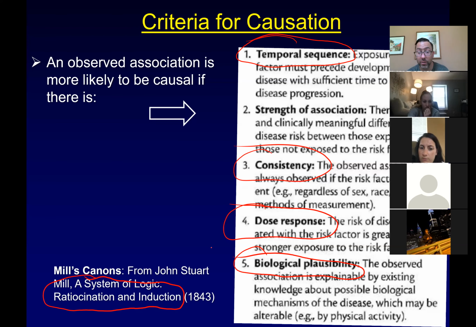A side effect, let's just say as an example, a side effect of taking non-steroidal anti-inflammatory drugs like aspirin or ibuprofen or Aleve, okay, is stomach ulcers. So the question is, is it biologically plausible that taking an NSAID could cause a stomach ulcer? If you saw a bunch of people that had stomach ulcers and they'd all been taking Advil, is that biologically plausible?